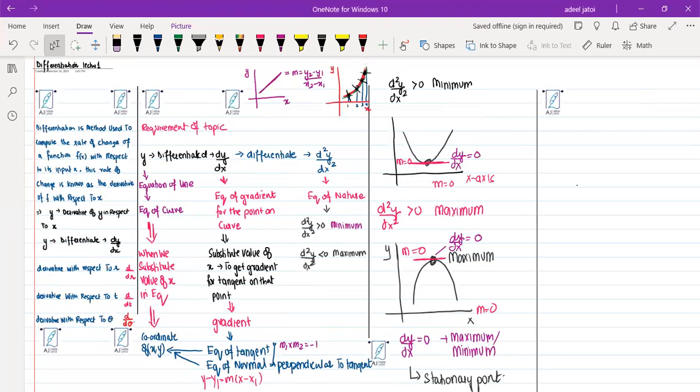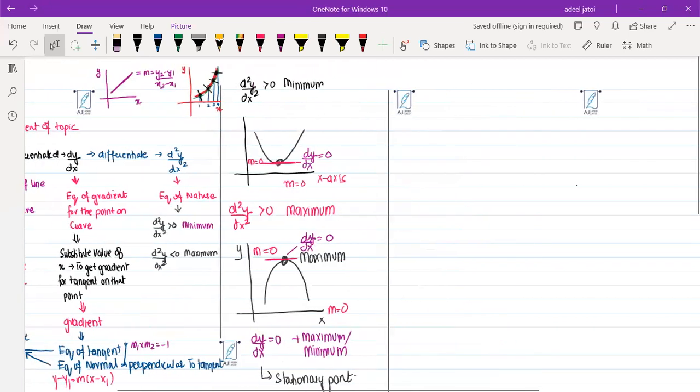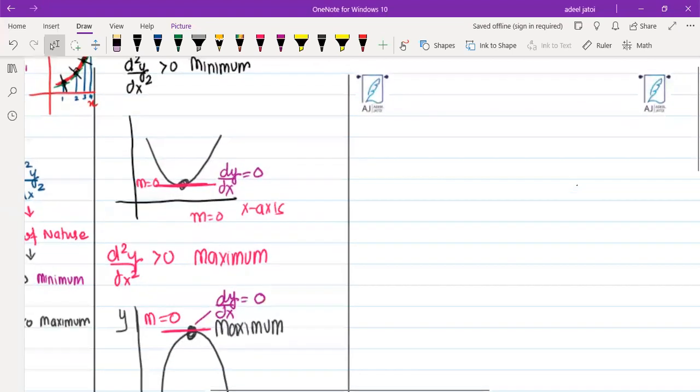So up till now, we have only discussed what can be asked by the examiner in differentiation. Let's discuss more about it, because unless this information is clear, you will not be able to attempt the question, because you will not know what to do. So what could be asked by the examiner?